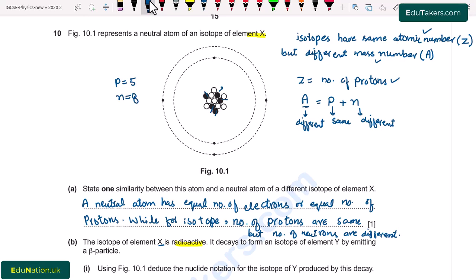When we write the symbol X, here we write A and here we write Z, and we know that Z is equal to P, the number of protons, so it will be equal to 5. But A is equal to P plus N, the number of protons plus neutrons. It becomes 5 plus 8, which is equal to 13. So A comes to be 13. I write here X with 13 and 5.